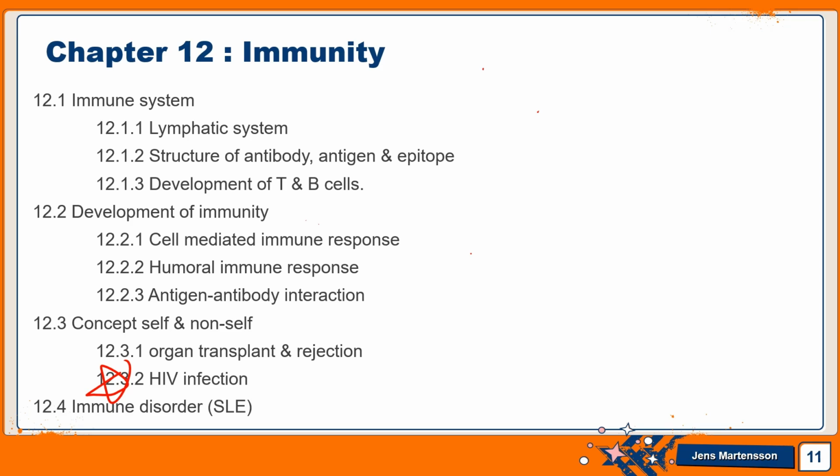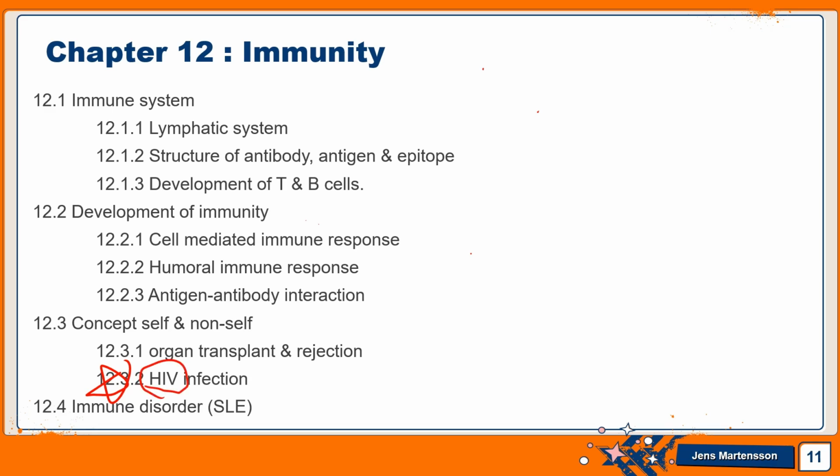HIV virus. HIV infection. HIV virus will cause what? AIDS. This disease, I think all of you know, right? Even in primary school you already learned this, already heard this before. AIDS is a disease that already appeared in our world few thousand years ago.